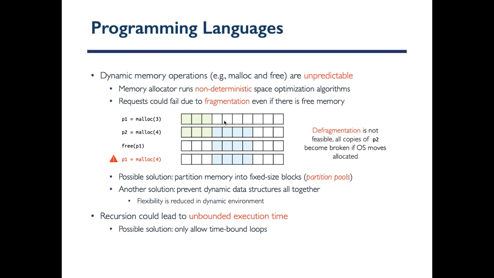It's really hard to guarantee anything if you have recursion and the number of recursions depends on an input or data. So if the number of recursions is determined dynamically, then there is no way for you to guarantee anything about the execution time, and it becomes unbounded.